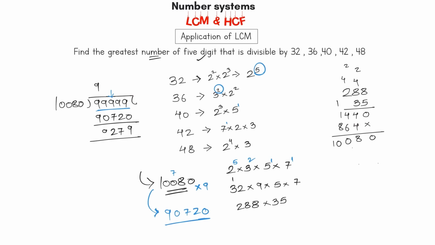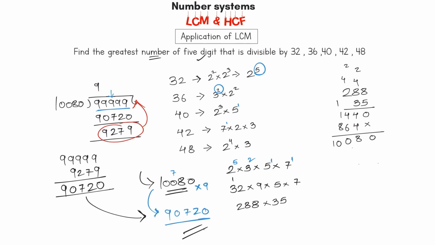And this will remain as a 9. Now if you do 99999 minus this, which is 9279, what will you get the answer as? This is 0. 9 minus 7, 2. 9 minus 2, 7. 9 minus 9, 0. This comes out to be 90720, which is nothing but the same answer.